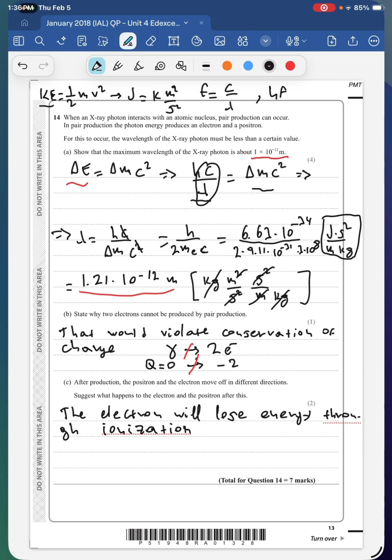So the moment it encounters a matter particle, an electron, it will annihilate. So the positron will annihilate with another electron.